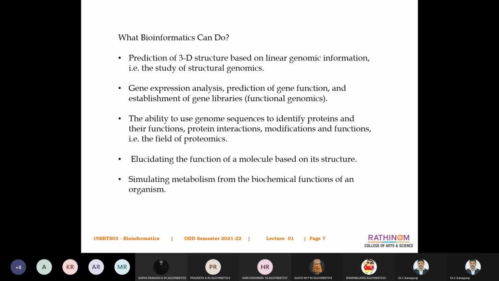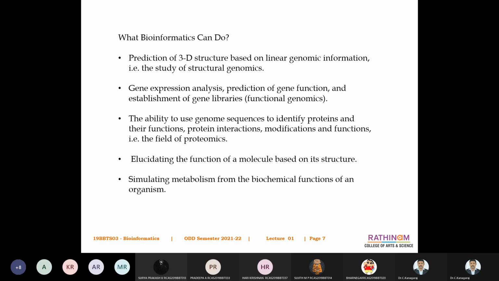That's called functional genomics. Proteomics uses genome sequence to identify the protein functions, protein interactions, how proteins interact mutually, and whether the modified protein functions, all can be studied in proteomics.